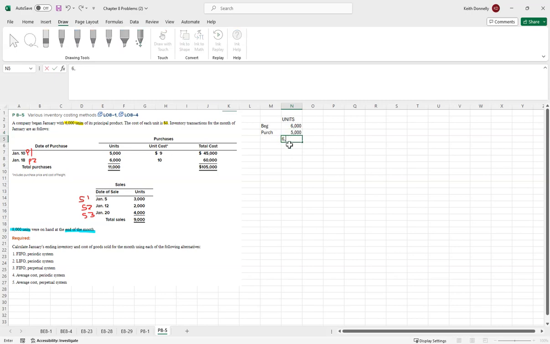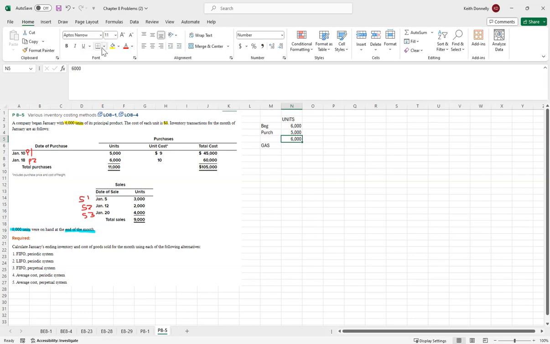We had purchase 2 of 6,000 units. What that means is our goods available for sale is going to be the combo of those three. 17,000, that's our max capacity.